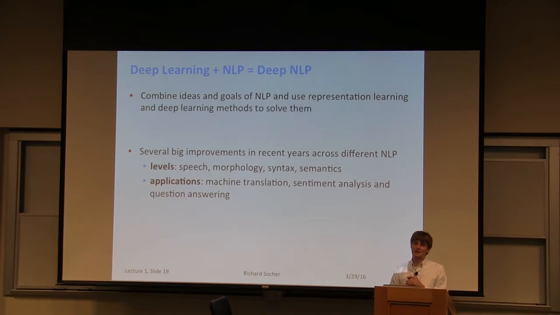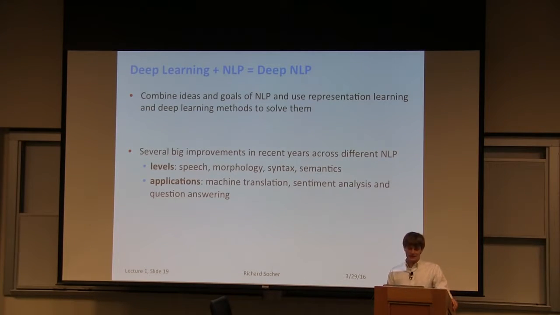So basically, when we say deep natural language processing or deep NLP, we want to try to combine these two ideas and goals. Basically taking the goals of natural language processing and then try to use representation learning and deep learning methods to really solve them end to end.